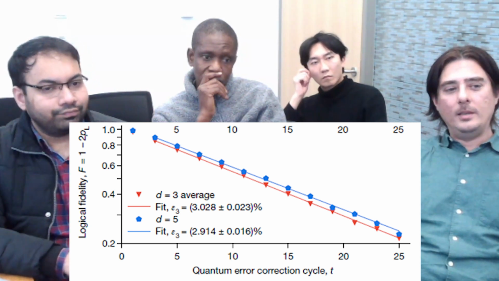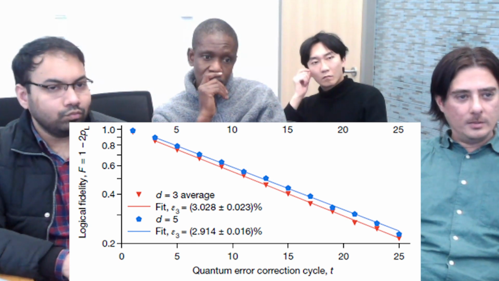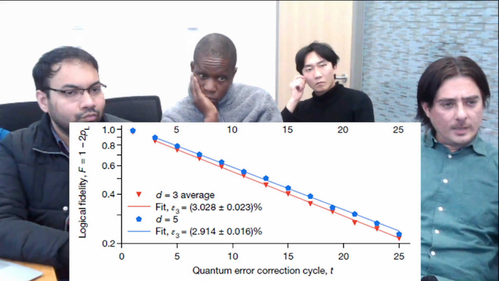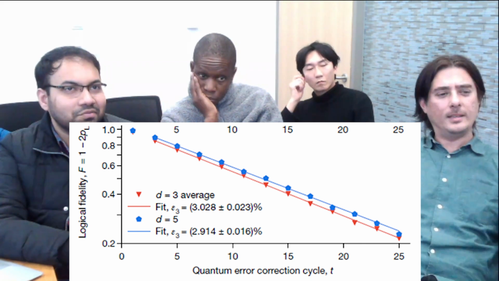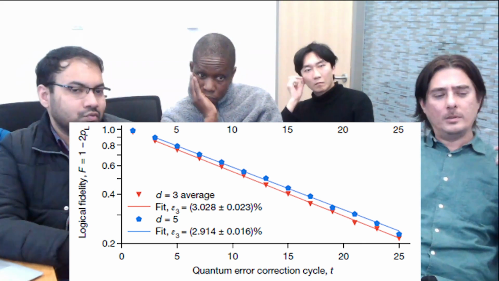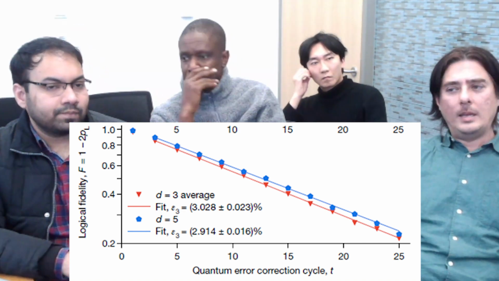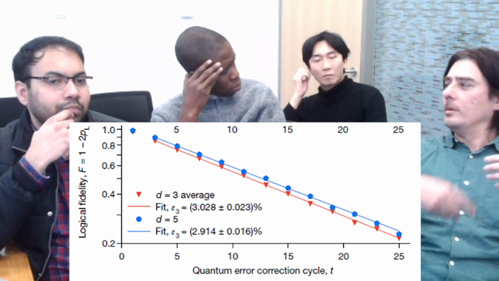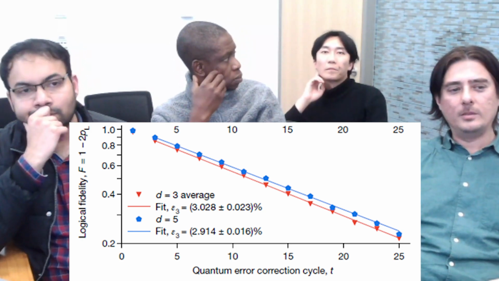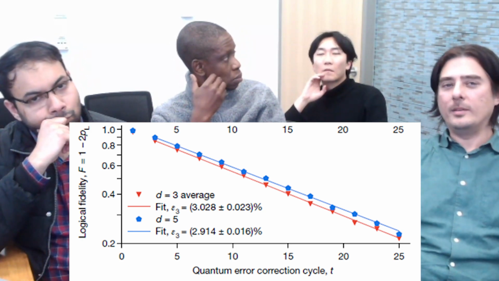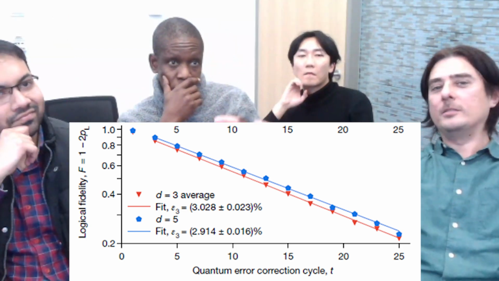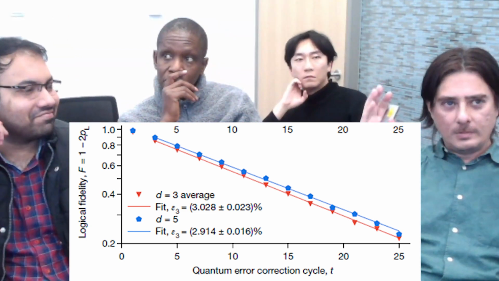Compare that with the larger one, d equals 5. I think that should say epsilon 5, right? Yeah, I think it must be. So the epsilon 5 must be for the larger surface code, and that has a slightly lower error probability per cycle. Per cycle, so each time. So this is sort of the money shot result that they want to show.